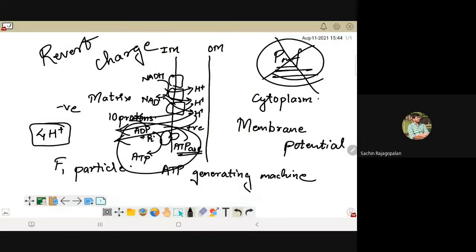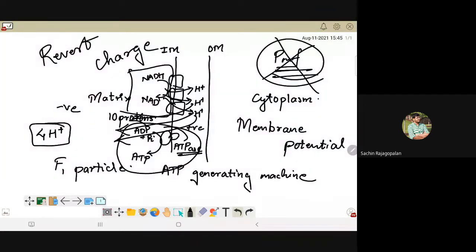Which means that if this NADH generated in glycolysis needs to participate in ETC, where will it have to go? To the inner membrane. Excellent. It will have to cross the membranes of mitochondria, because ETC is taking place on the inner side of the inner membrane, the matrix end, where I showed you the conversion of NADH to NAD.